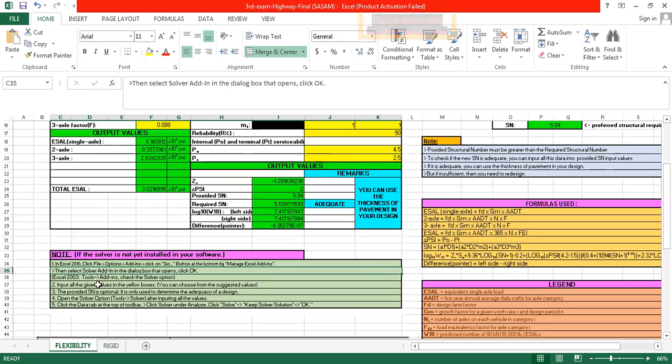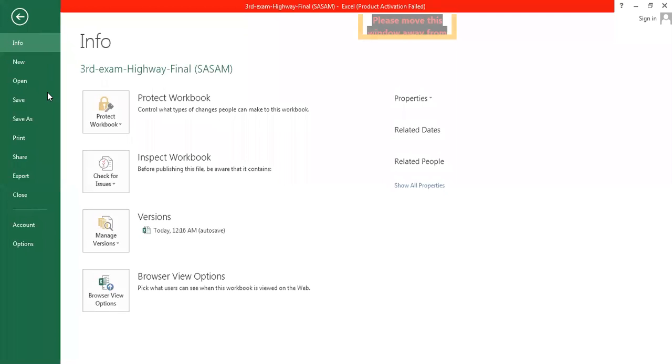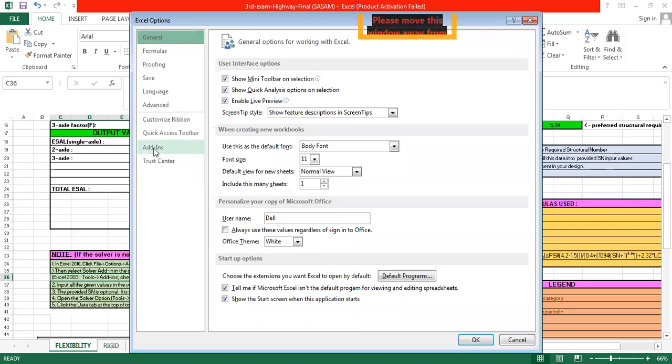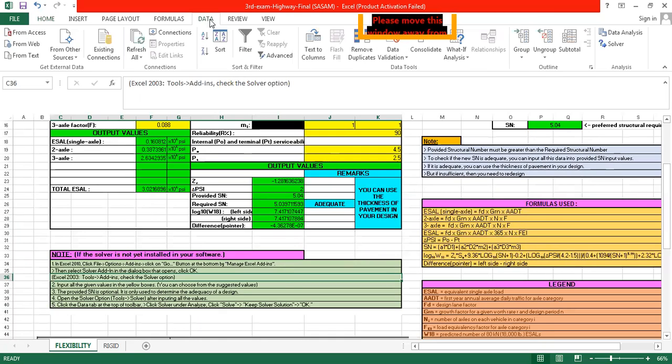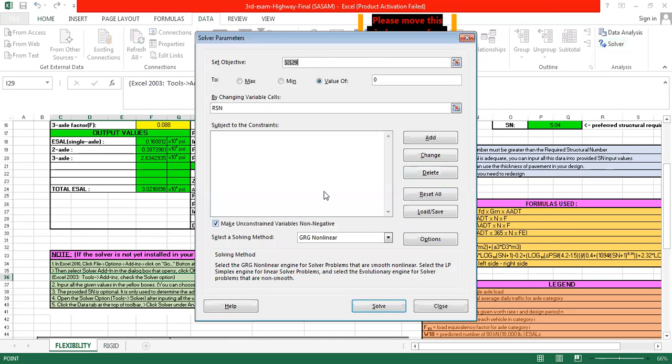However, when you're using Excel 2003, go to Tools, Add-ins, check the solver option first. We need to select Options, then click Add-ins, then Manage Excel Add-ins, then OK. Then click the Data tab here and then click Solver.